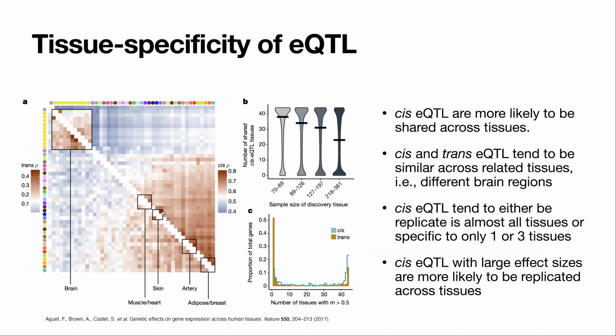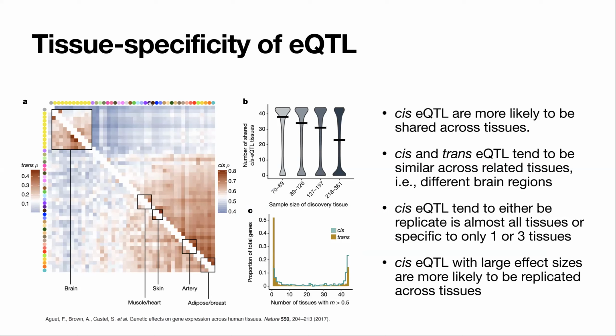We talked a little bit about one of the benefits of using RNA expression to discover genes related to a phenotypic QTL: we can gain information about tissue and cell type. So this demonstration here is a graphic from the GTEx project that looked at cis and trans eQTLs across many human tissues.